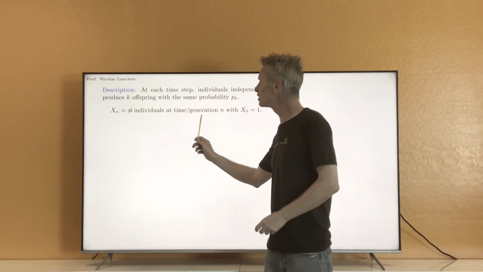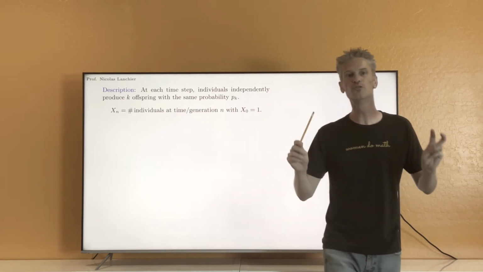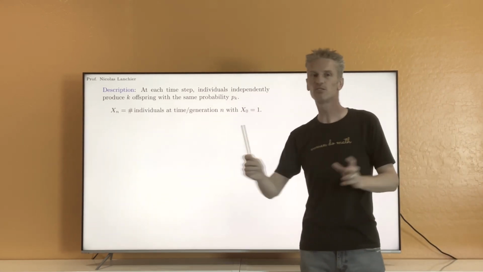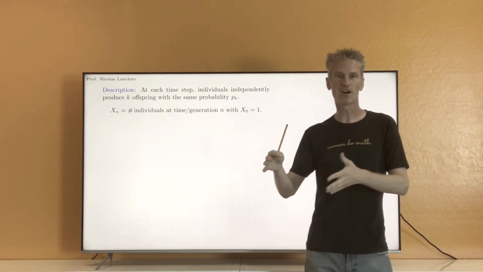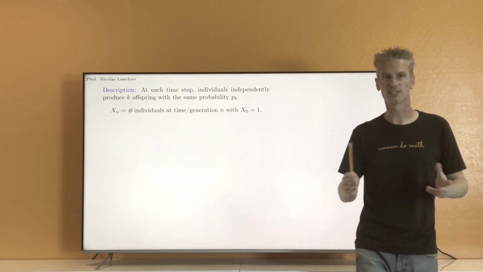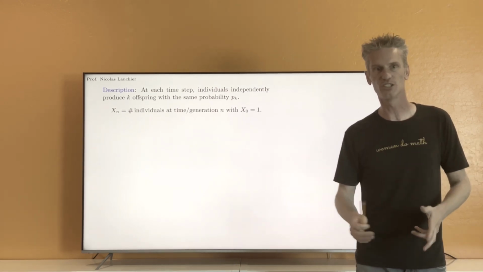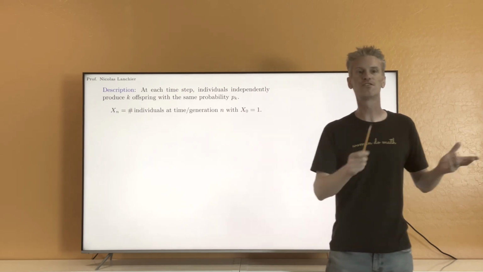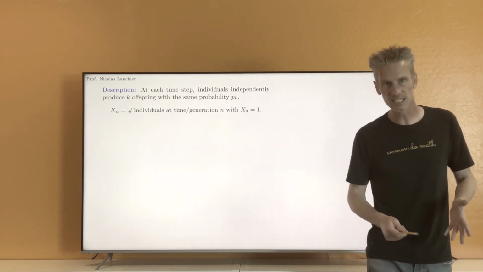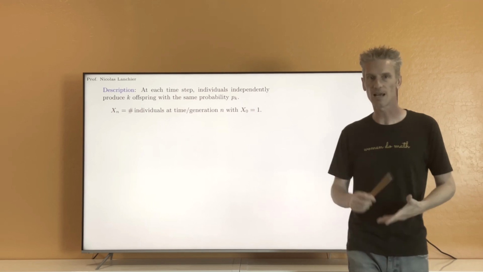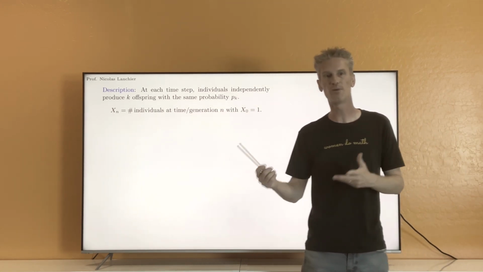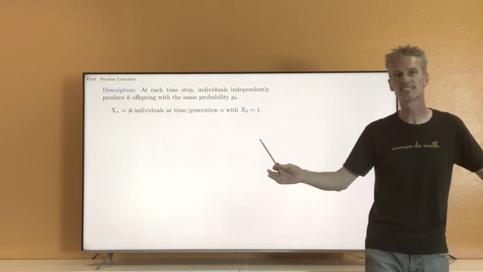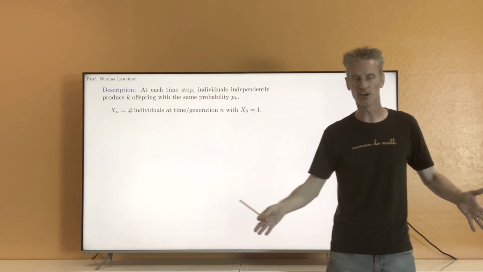Now, the two notions, time and generation, are going to match if you deal with a species with non-overlapping generations. That's terminology from mathematical biology. An example of a species with non-overlapping generations would be annual plants, for instance, that all produce a bunch of seeds at about the same time of the year.